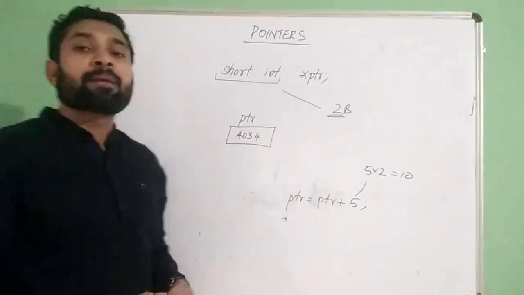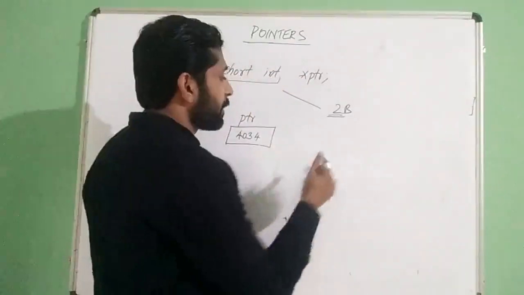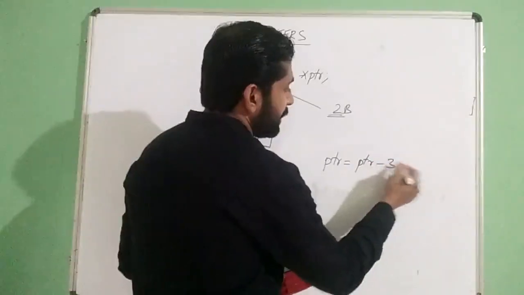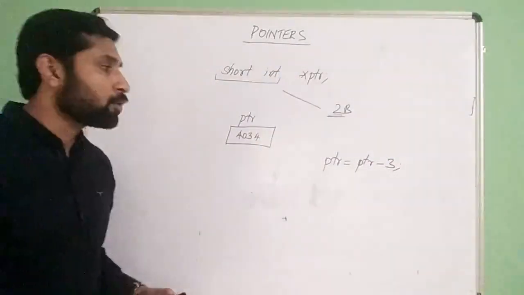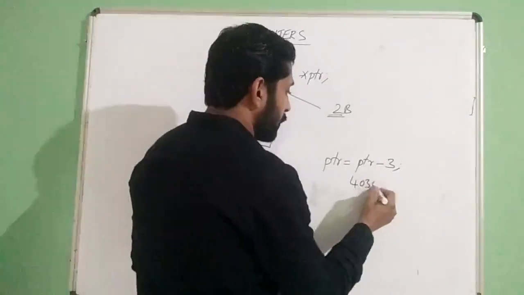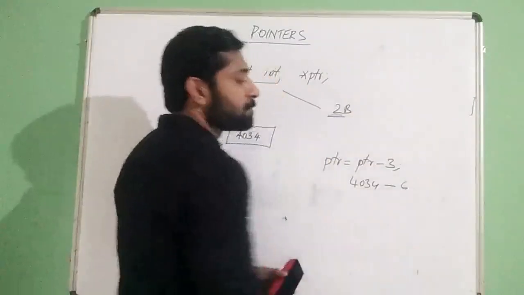So this is pointer arithmetic. Now what happens if we perform PTR equal to PTR minus 3? From 4034, it reduces 3 into 2, that is 6.